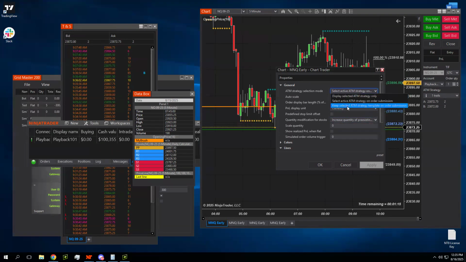Yeah. I put one on each because it took out the other ones. But if you wanted to stay there, I think it's keep selected ATM strategy on order submission. I have mine on select active. So whatever one was active, it got rid of the other ones. I think it's going to keep select. Will keep it there. Okay.